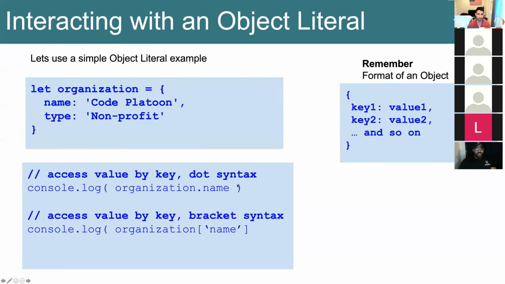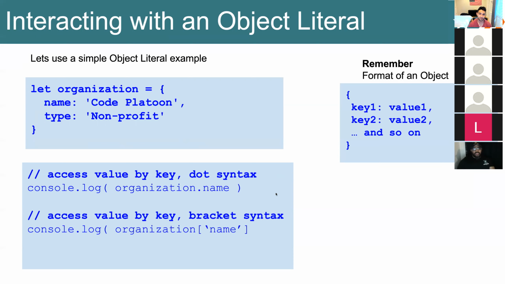And the result of this is going to be the value attributed to that key. Similarly, I could have a bracket and then put the name of the key in quotes. So this is called dot syntax and bracket syntax respectively. You will see both an awful lot.